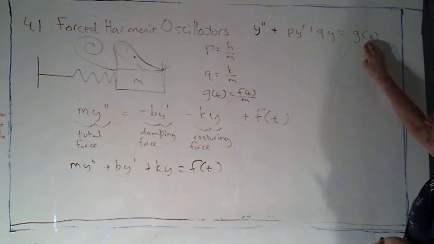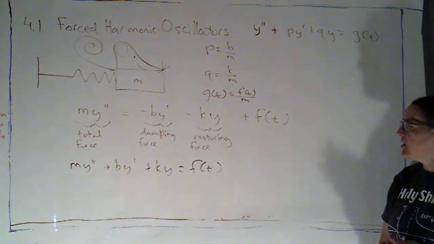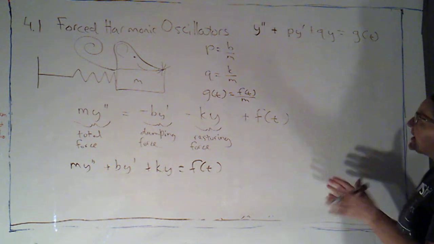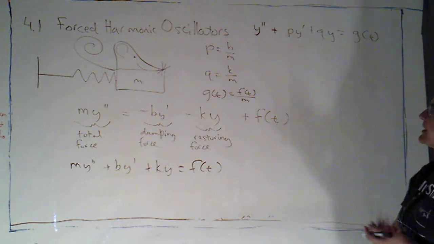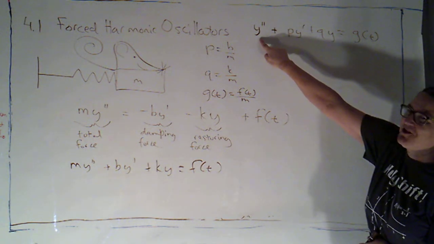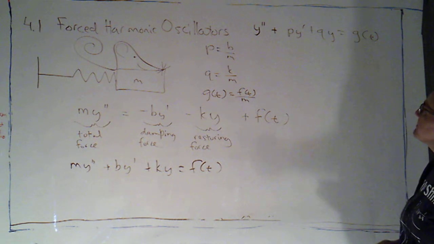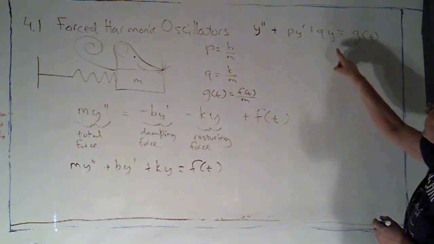We usually call g of t the forcing function. That's a bit of a misnomer because the force that we're actually adding is f of t, but we call g of t the forcing function. We just scale everything by the reciprocal of the mass just to make that coefficient 1, which makes our life a little bit simpler. Okay, so this is the sort of differential equation that we will be solving.